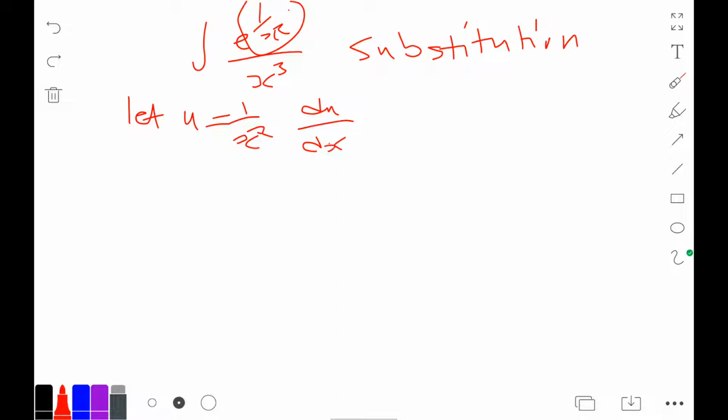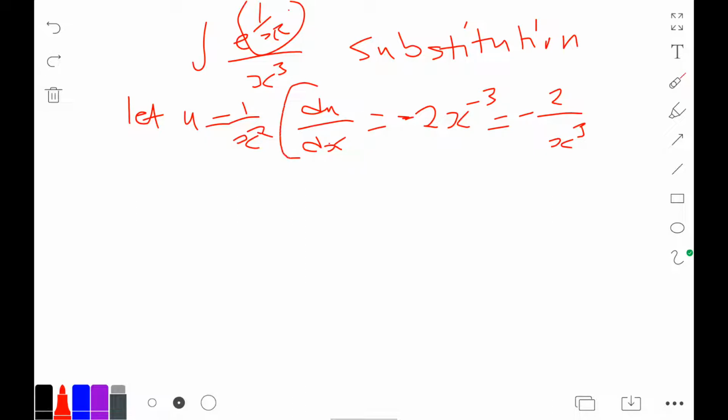We all know that is going to give us negative 2x to the power negative 3, which you can write as negative 2 over x cubed. So now you can see that this is our du over dx. We can multiply everything by dx.